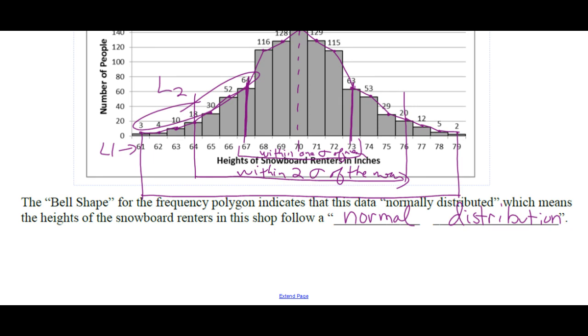So this is within 3 standard deviations. Actually, the easy way to count this would be to ask what don't I want? I don't want to count this, and I don't want to count this, and I know there's 1,000 in total. So we just subtract off half of 3.